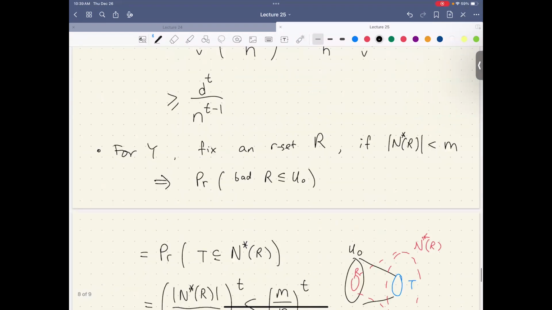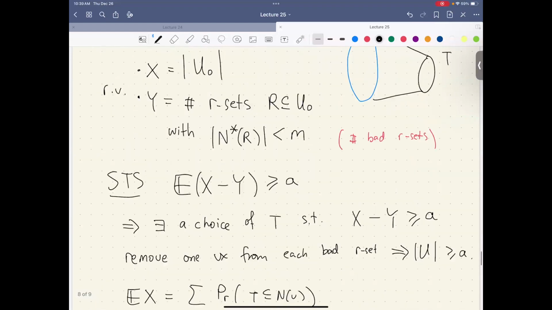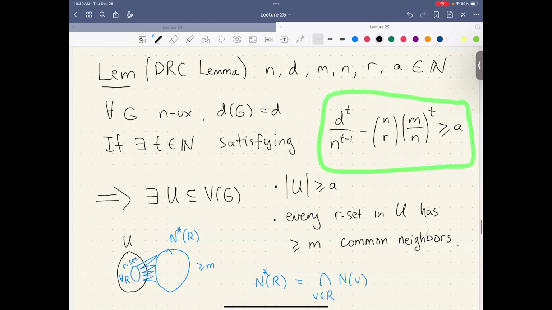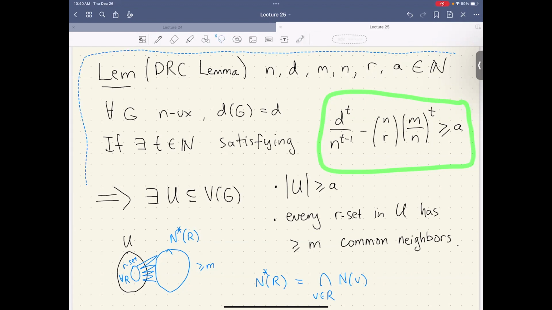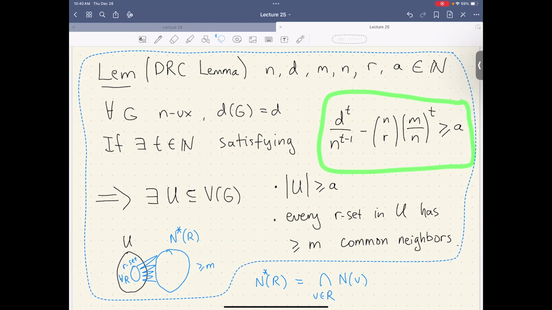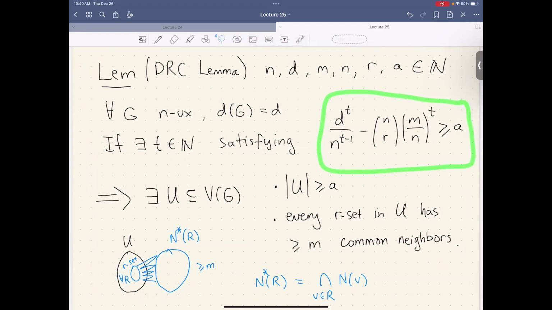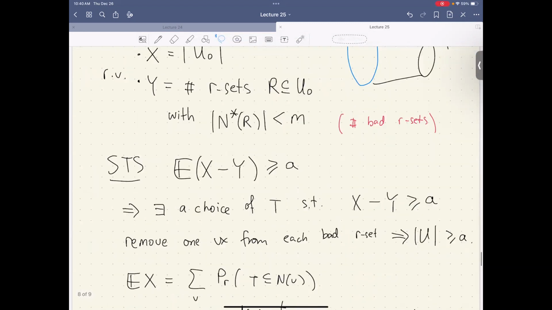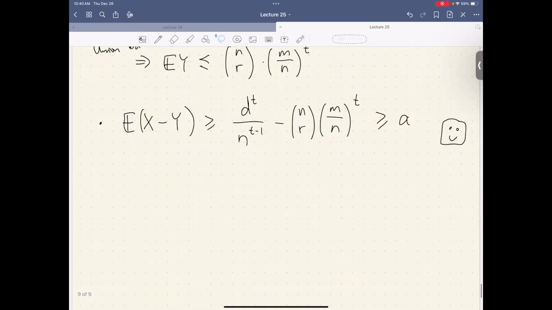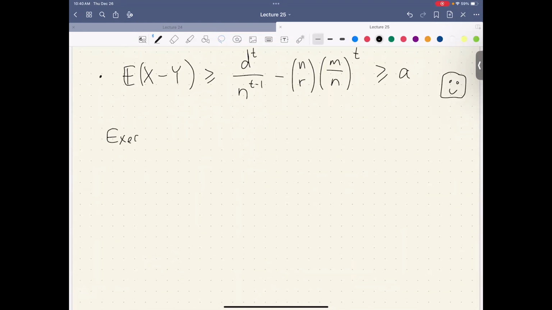Okay. Let's see the lemma again. Dependent random choice lemma. Now, some exercise homework for you to prove.